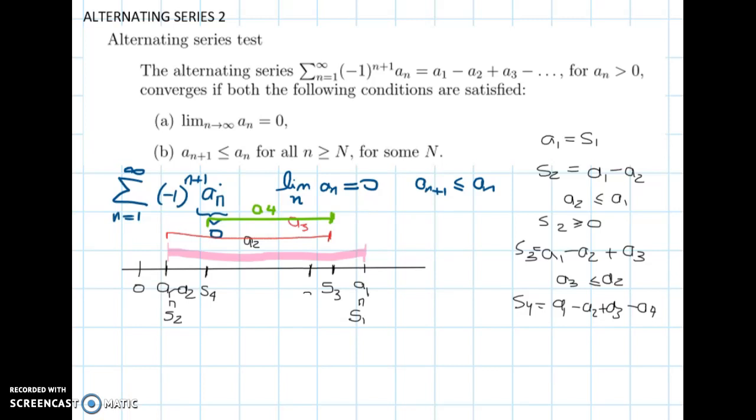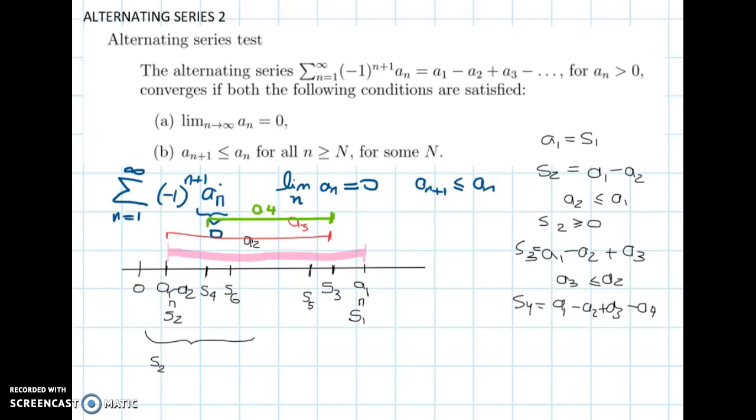S_5 is going to be somewhere less or equal than S_3, and then S_6 is going to be greater or equal than S_4. So without writing all the details, what we have over here is the sequence of partial sums.